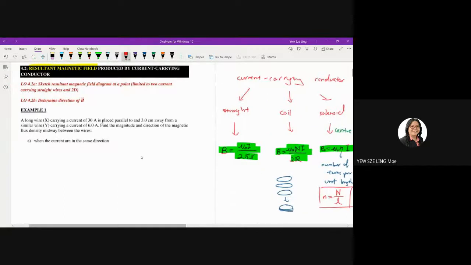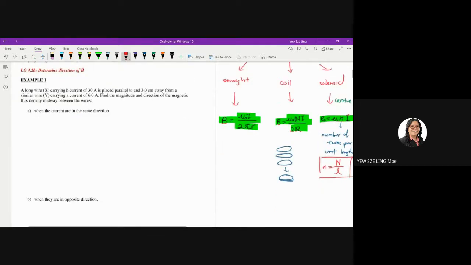Okay, now let's look at example 1. A long wire. Now you are given a long wire. A long wire usually represents a straight current-carrying conductor. It carries a current of 30 ampere and is placed parallel to and 3 cm away from a similar wire.